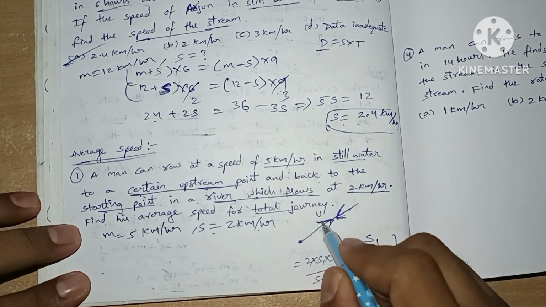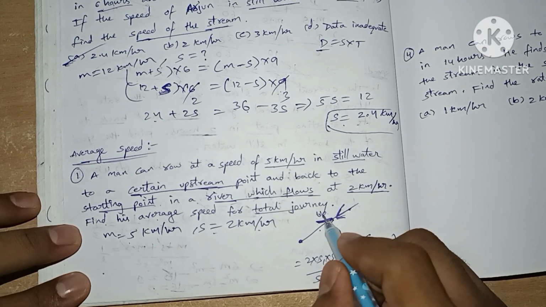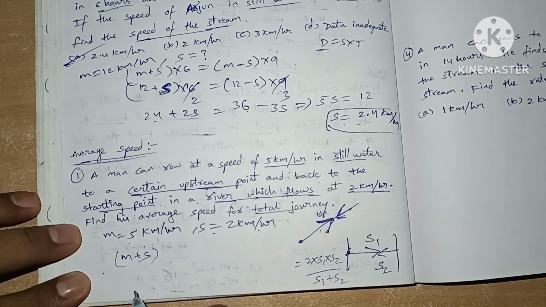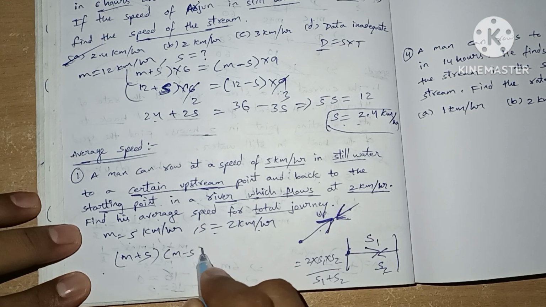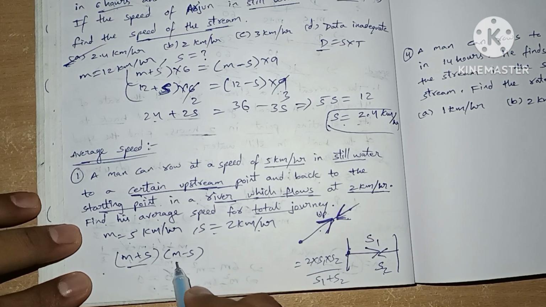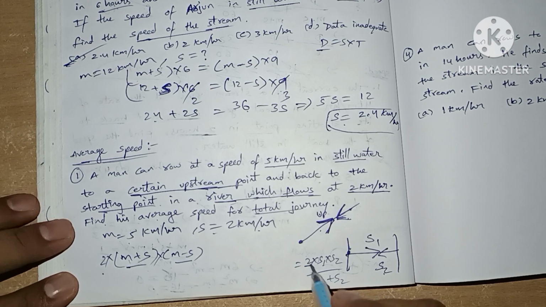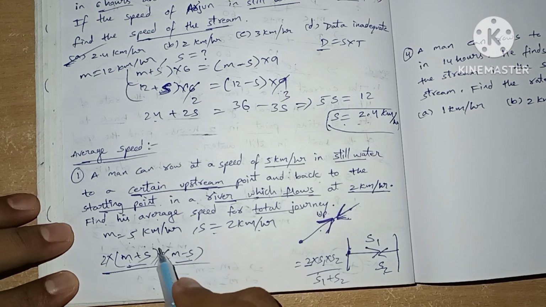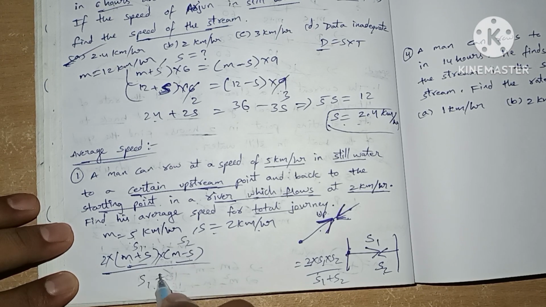In this case, the first speed is the upstream speed, M minus S, and the downstream speed is M plus S. These are the two speeds, S1 and S2.